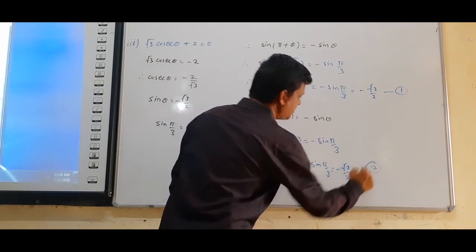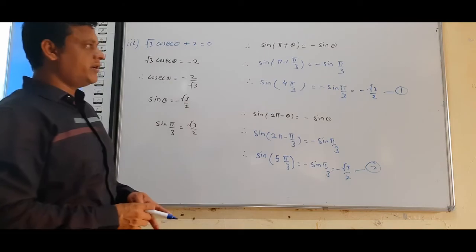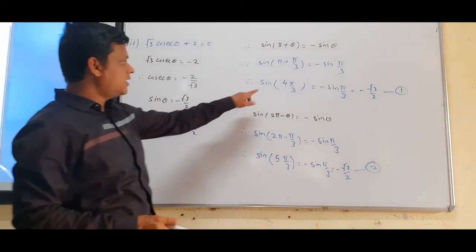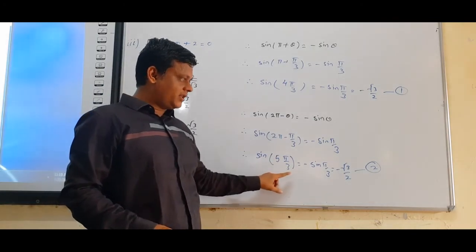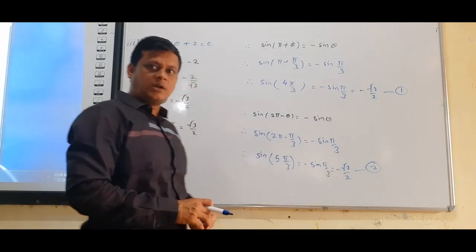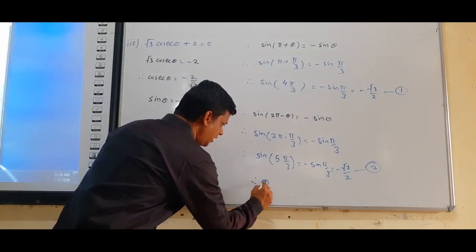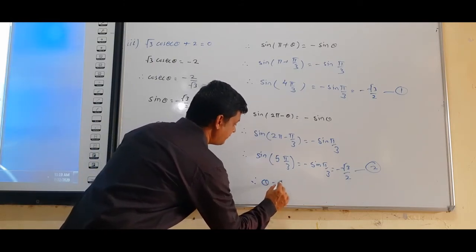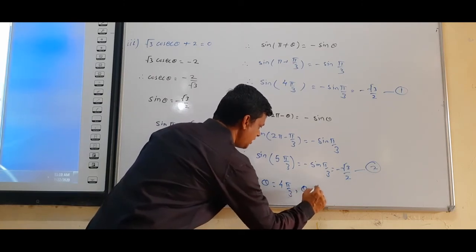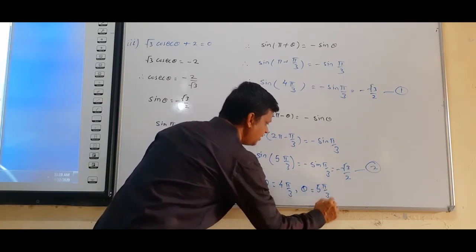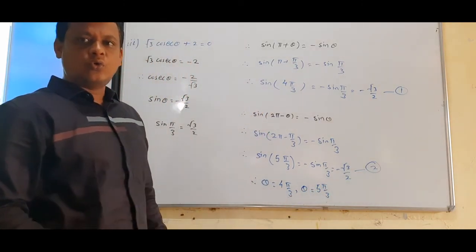Denote this as equation number 2. From equation 1 and 2, for the angles 4 pi by 3 and 5 pi by 3 we get the value minus root 3 by 2. Therefore theta is equal to 4 pi by 3, theta is equal to 5 pi by 3 is the principal solution.